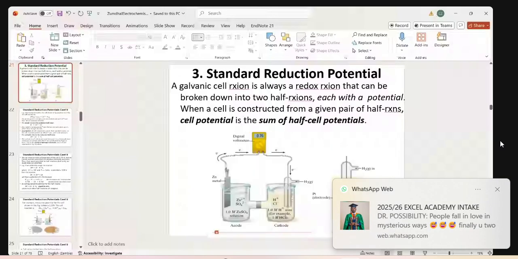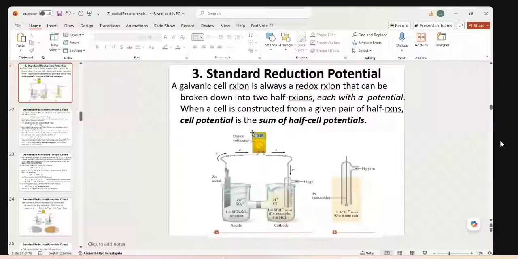But what I wanted to show you was, have you seen the reading on the voltmeter? The voltmeter is 0.76 volts, but the sum gave us a negative 0.76. So where has the negative gone? Do you expect to see a negative reading on the voltmeter?